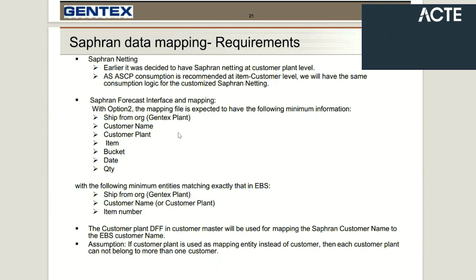Then you have to write who your customer is, to whom you are sending, and what item you are sending, the bucket, how many days it will take to transfer these things. What is the date, what is the quantity. So how much quantity there will be for the transfers. So in this condition, you have to say ship from organization, customer name, item name.